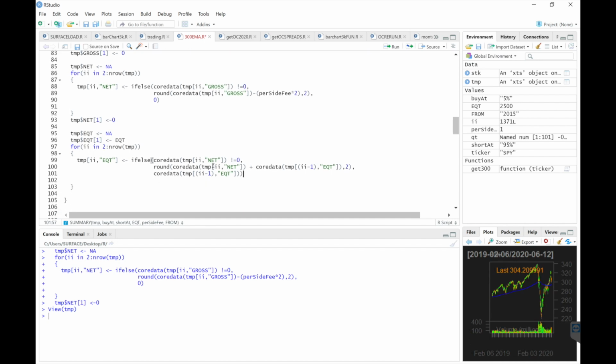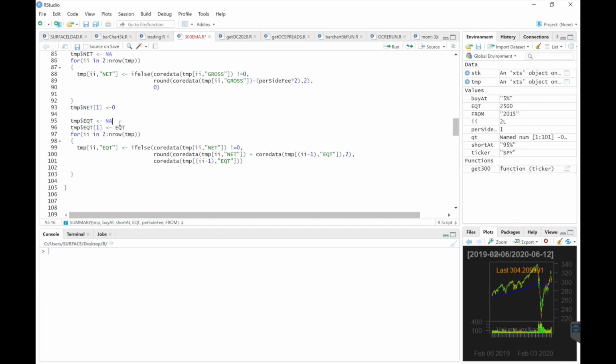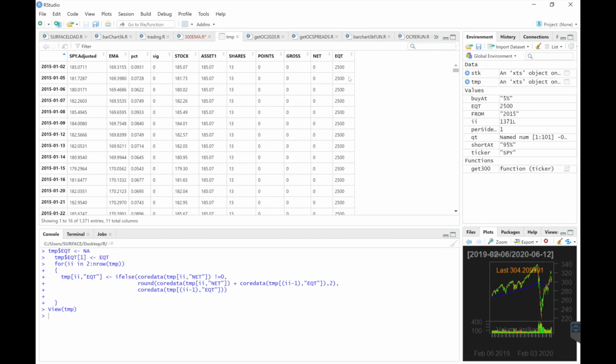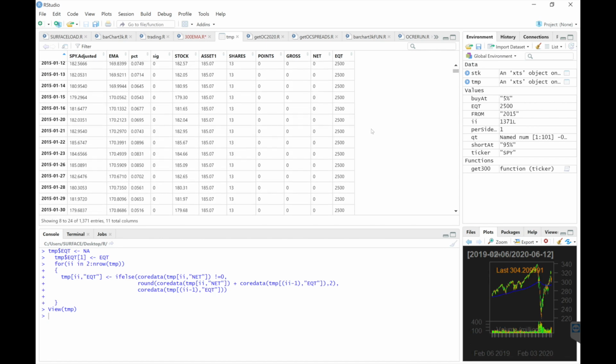Alright, so if our net does not equal 0, I'm going to add our net gain or loss to our equity, and that should keep a running total throughout. Alright, so we'll run this. Take a look at our temp. So we started off with 2,500.